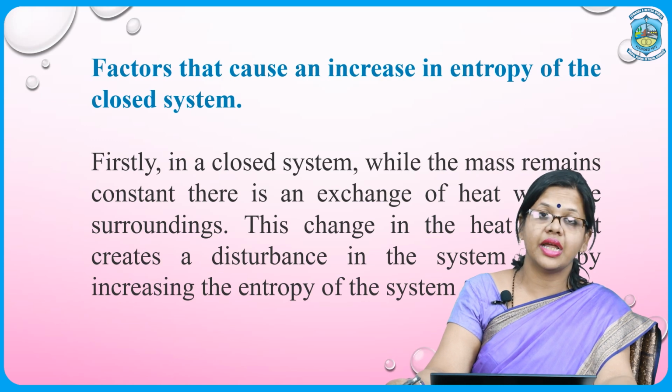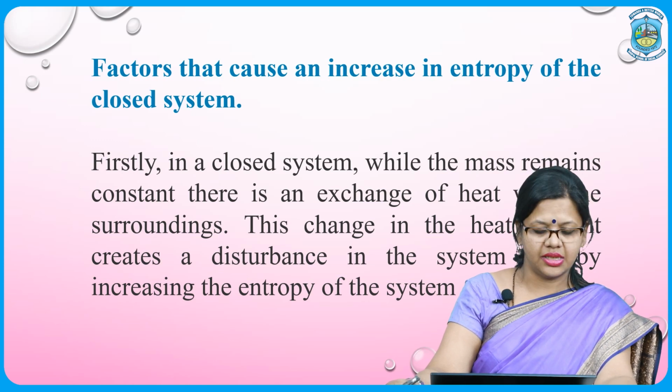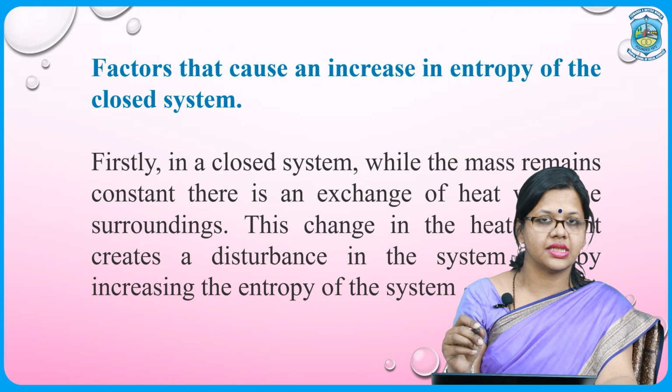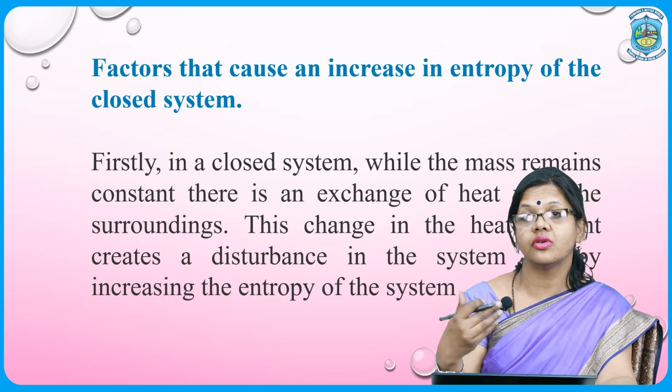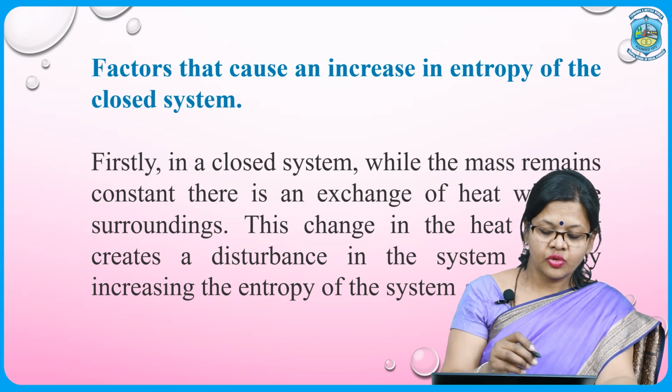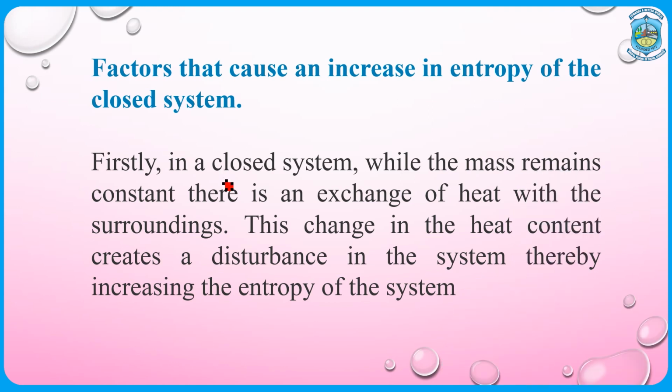Here we are talking about entropy in the case of a closed system. In a closed system, the mass remains constant because there is no exchange of matter, but exchange of heat can occur with the surroundings, because we are not talking about an isolated system. It is only the exchange of matter that is not possible.